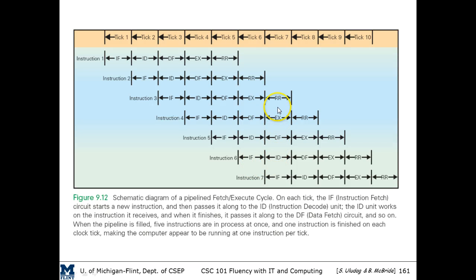And then we move to tick number 7. The result is being returned for instruction 3. Instruction 4 is being executed. Instruction 5, the data is being fetched. Instruction 6, the instruction is being decoded. Instruction 7 is being fetched. So you get the idea. We're continuing to pump new instructions into the pipeline every tick of the clock of the CPU.